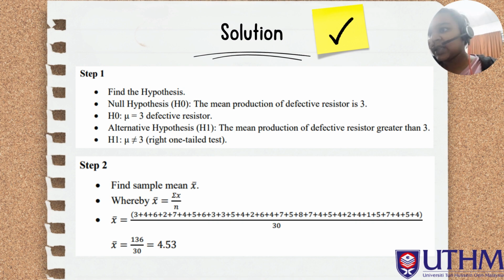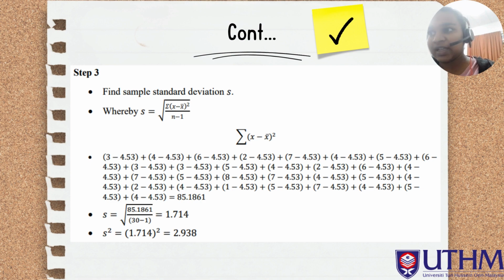We find the sample mean, which is the total number of defective resistors divided by the number of resistors that we collected, which is 30. So the average comes to 4.53. We calculate the standard deviation with the given formula, and it reads 1.714, and then the variance is 2.938.